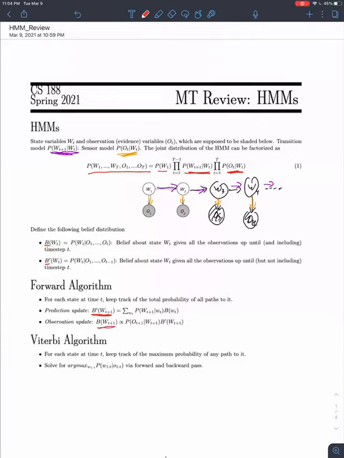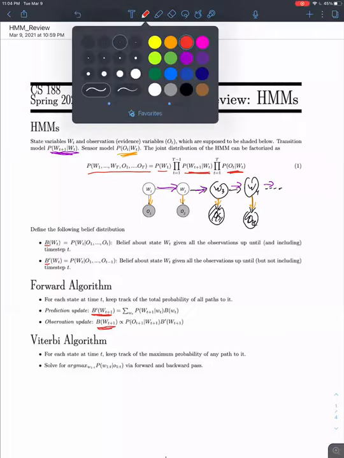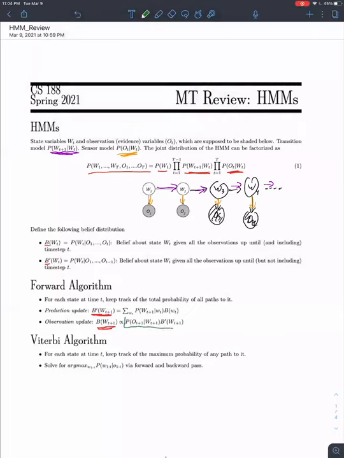And then the observation update is at time T plus 1. Given that you see what the actual observation is at T plus 1, it's just proportional to the probability of the observation at time T plus 1 given the world at time T plus 1, times your prior over what world you might have been in at time T plus 1. Let me square it in green.